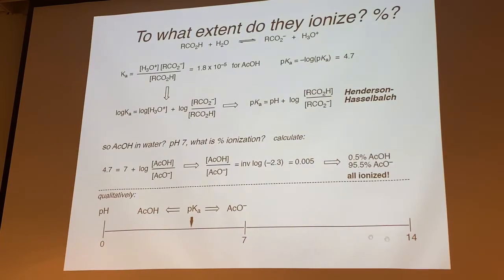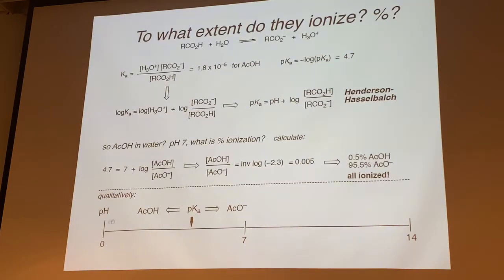But if we're to the right of this pKa, which is right here at 4.8, that's the basic side of that pKa. So we'll mainly be forming acetate. We'll have enough base strength to pull that proton off. So anything above 5 here is acetate mainly.